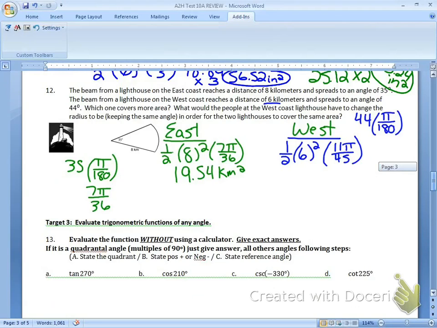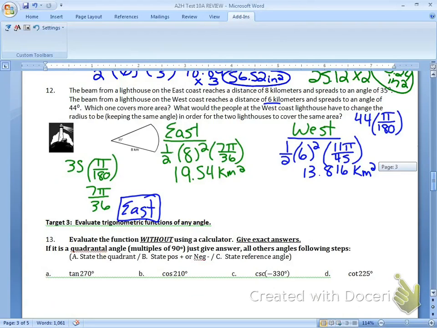Multiply all that out, and we get 13.816 kilometers squared. So who has more area? Well, east has more area. So that is one of your answers.